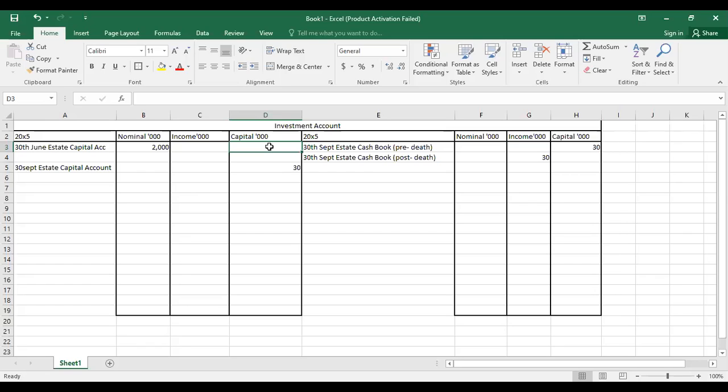And remember, we are supposed to be guided by the prudence concept. We are not supposed to overstate or understate. So the rule of thumb is we take the lowest, add 0.5, and multiply by the nominal. So our figure here is 94, that was the lowest.